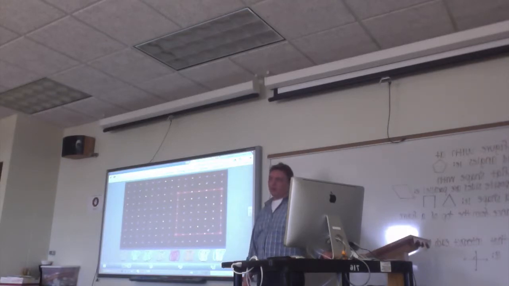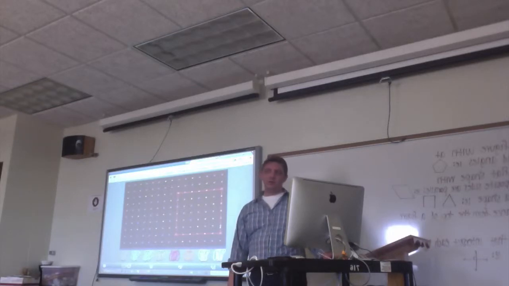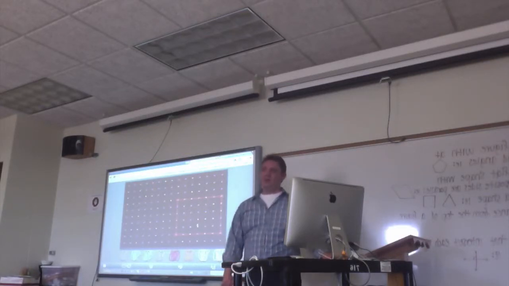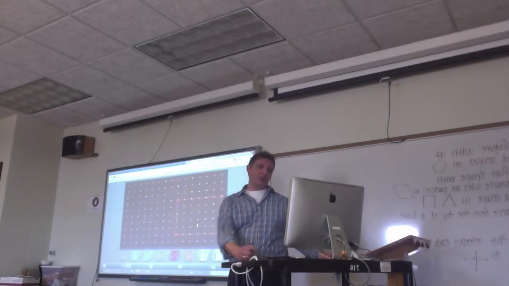Somebody tell me what the area of this rectangle is? It's a little tougher since we're not marked how many units we have, but we have 1, 2, 3, 4, 5. Let's change it and make it 5. 1, 2, 3, 4, 5, 6. What's the area of that rectangle? Yes, Angela? 30. 30, that's right.